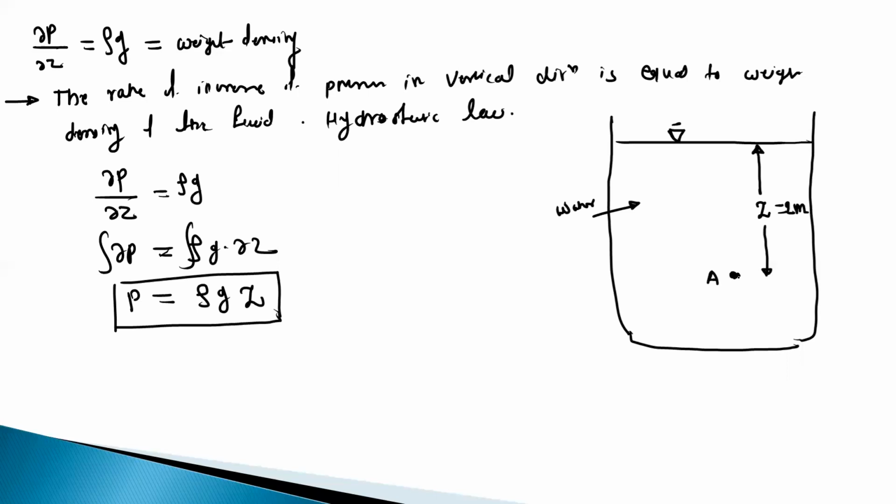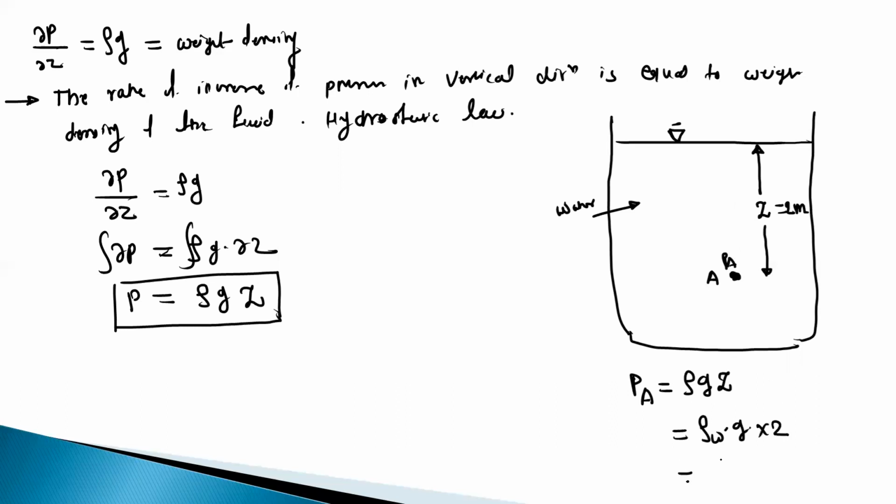So if you want to find out pressure at this point, we can write the equation PA is equal to rho G into Z. Okay, or rho is nothing but rho water, G, and Z is nothing but this total distance, which is equal to 2 meters.